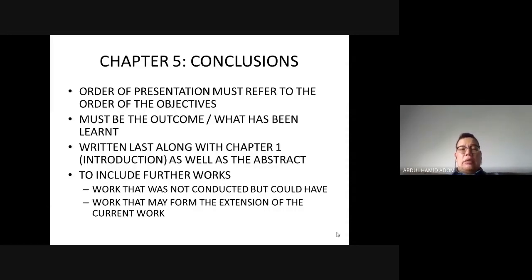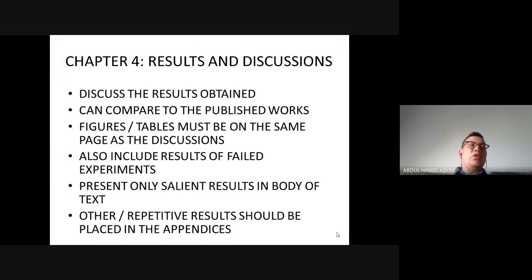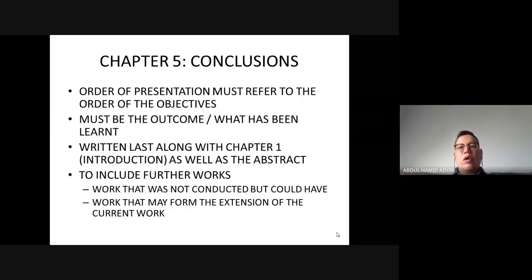And after that, we talk about the conclusions. You see, in chapter 4, you discuss the results that you get. You don't conclude yet, because why? Because when you want to conclude, you must refer back to the objectives, because your objectives are your goal.